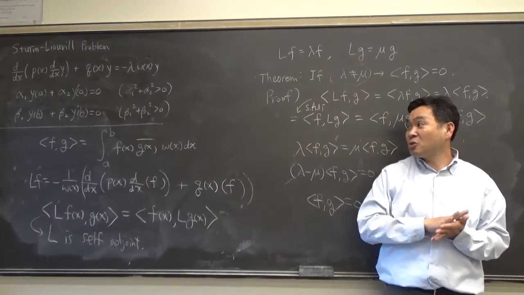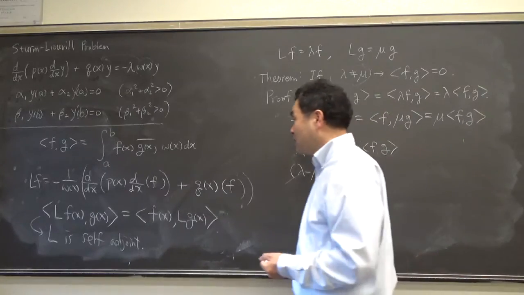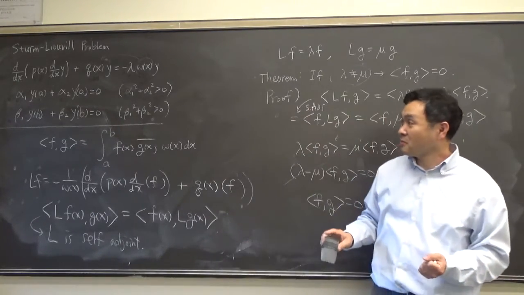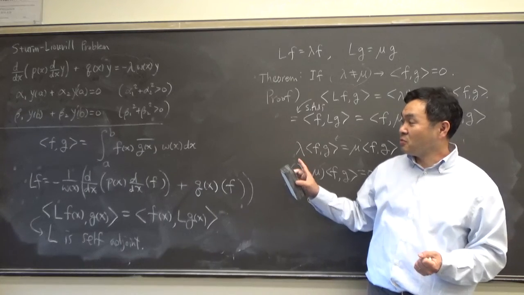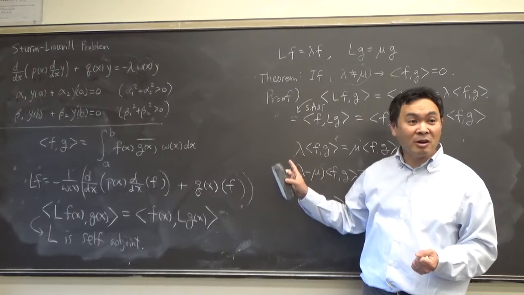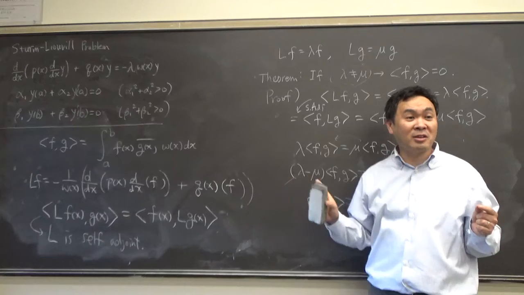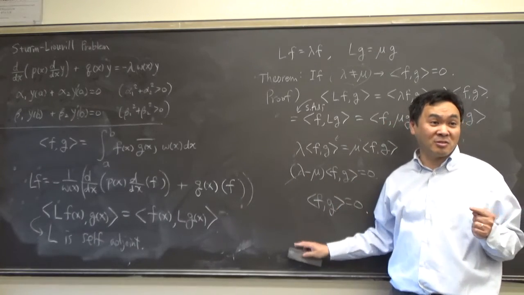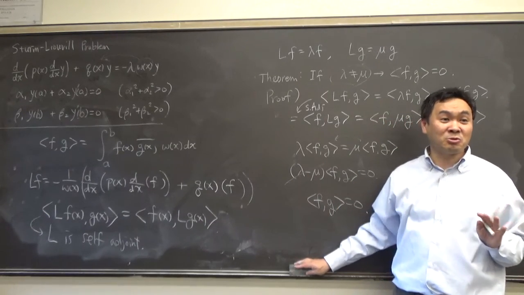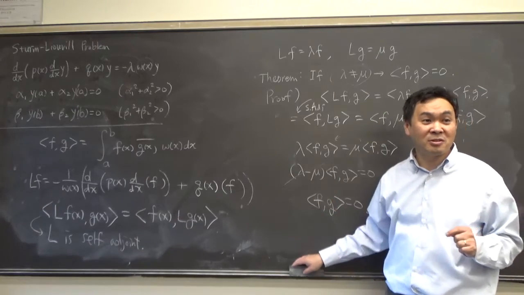So what I did show you is that the eigenvectors, if you collect all of them, they give you a complete set of bases. That's harder to prove. I can't prove it.